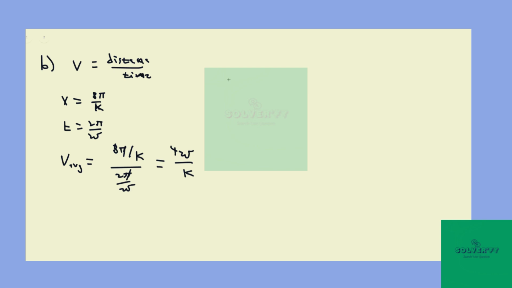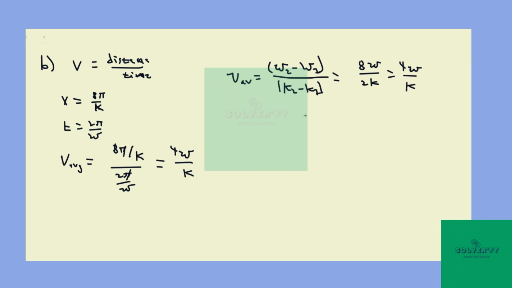And comparing this to the expression given in the example and in the problem, the average speed is equal to (omega 2 minus omega 1) over (k2 minus k1). This is going to be given by 8 omega over 2k, which is equal to 4 omega over k. So they agree. That's okay.